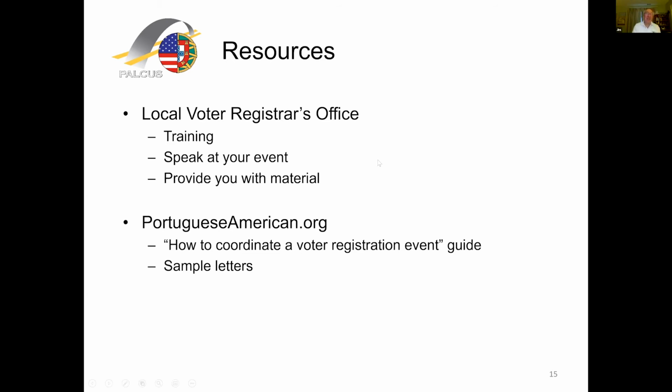The resources, and I think this cannot be understated. I have been in 5 states, and I have been in small voter registration offices and large ones, and I can say without qualification that the helpfulness and the welcome is real. These people are happy to see you, and they're happy to be involved in what you're doing.